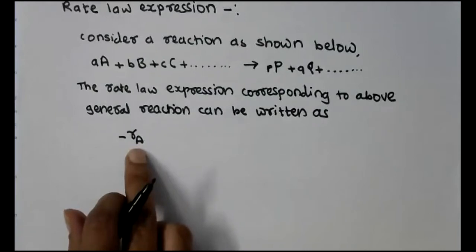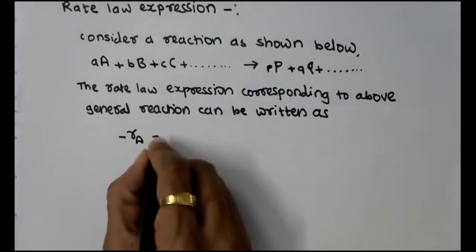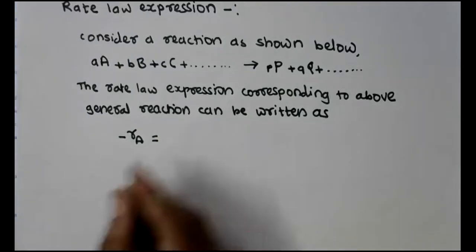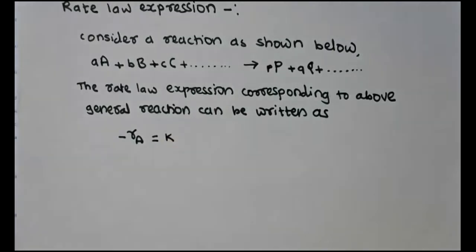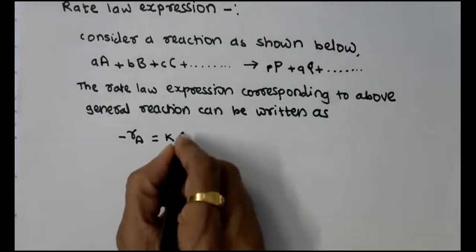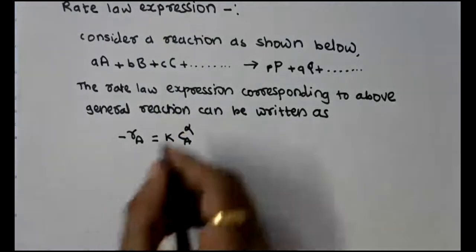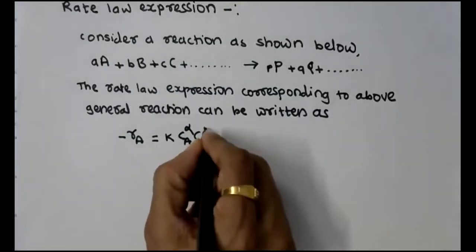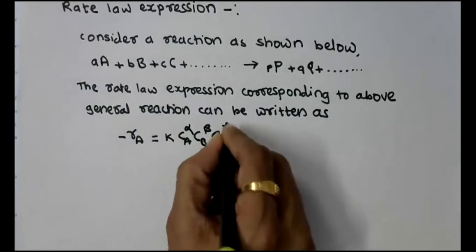So let A be the limiting reactant, and therefore the rate law expression can be expressed as, say, k C_A raised to alpha into C_B raised to beta into C_C raised to gamma.